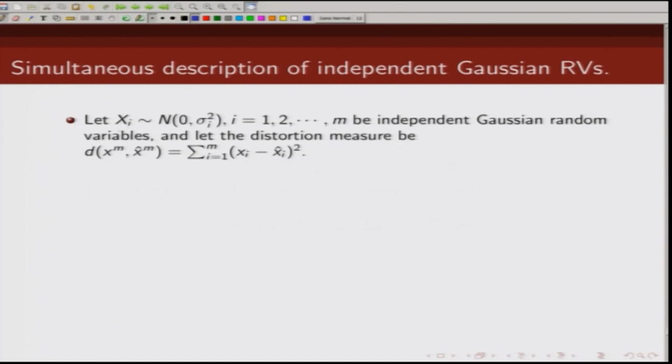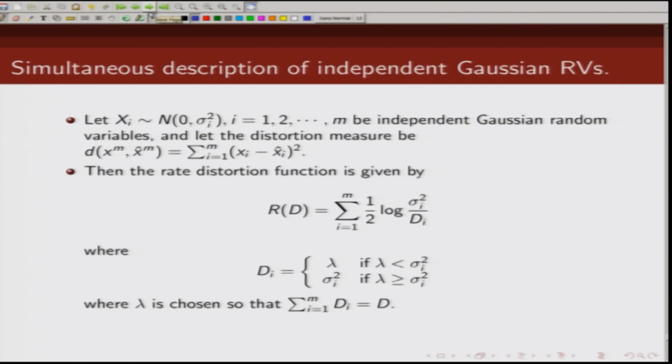In fact, if xi is Gaussian distributed with 0 mean and variance sigma i square, and if we consider m such independent sources given a squared distortion measure, the rate distortion function is given by this expression, where the di's are equal to some constant lambda as long as lambda is less than sigma i square.